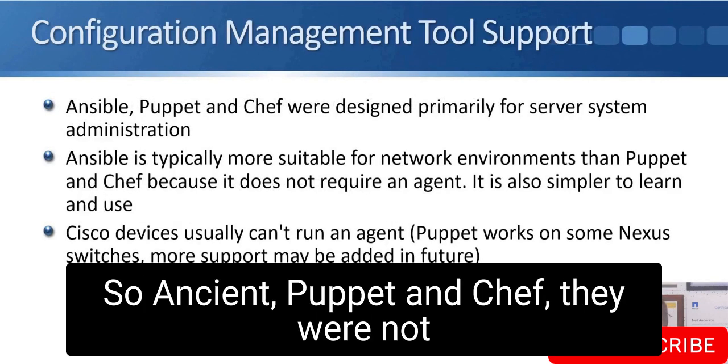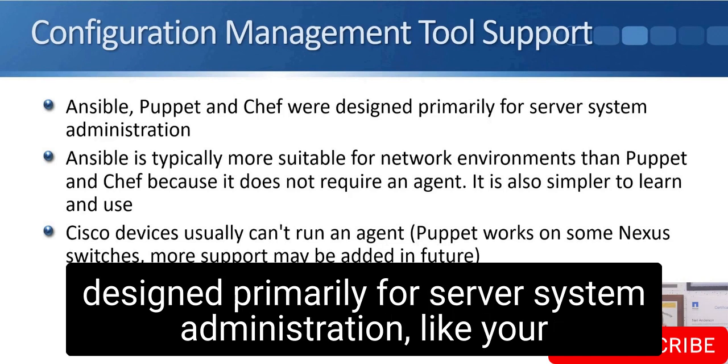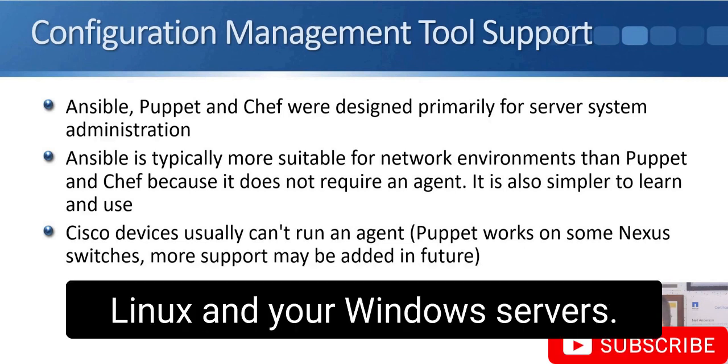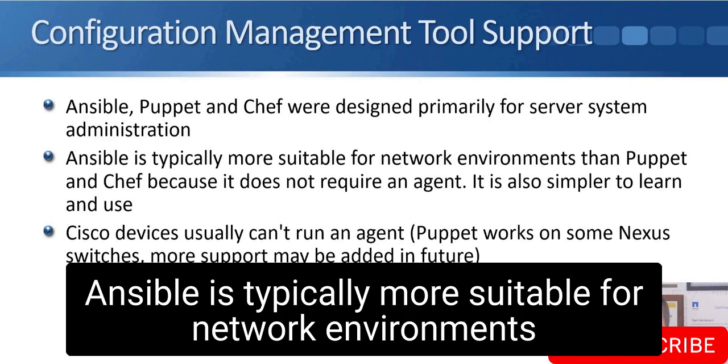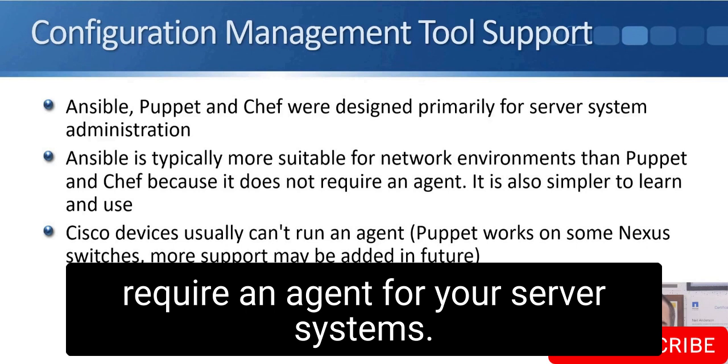Ansible, Puppet, and Chef were not originally designed for managing network devices. They're actually designed primarily for server system administration, like your Linux and your Windows servers. Ansible is typically more suitable for network environments than Puppet and Chef because it does not require an agent.